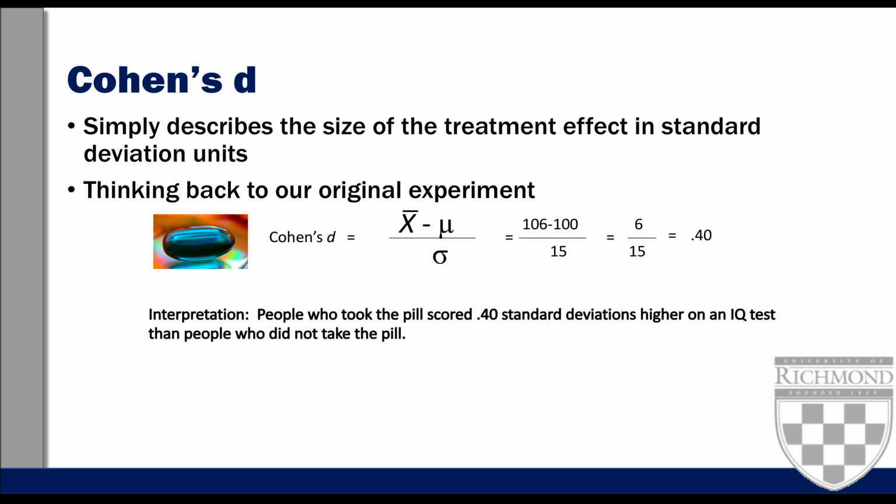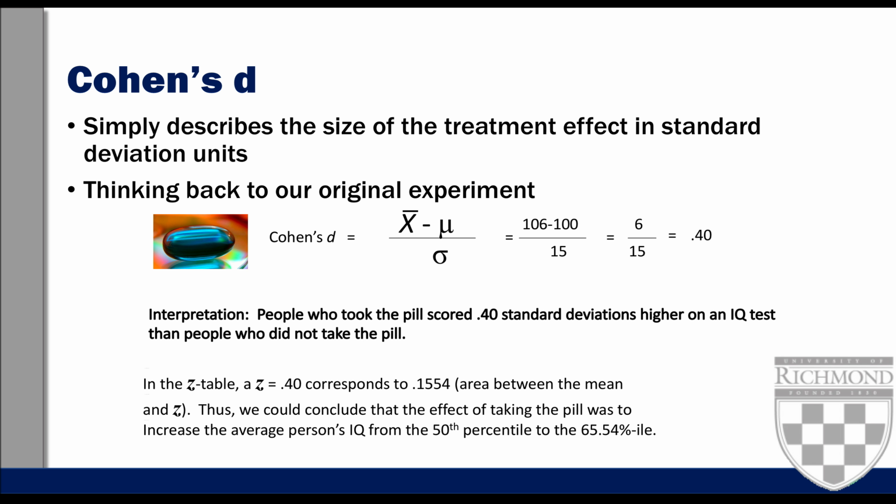Now, why do we say in standard deviation units? Because we're dividing by sigma, which is the standard deviation of the test. So by definition, this 0.40 has to be in standard deviation units.